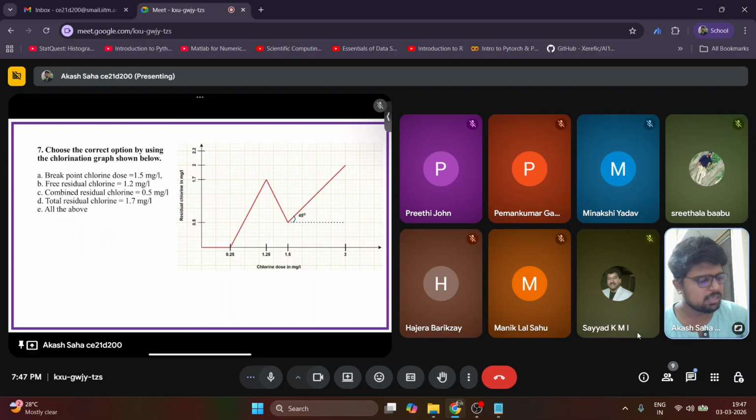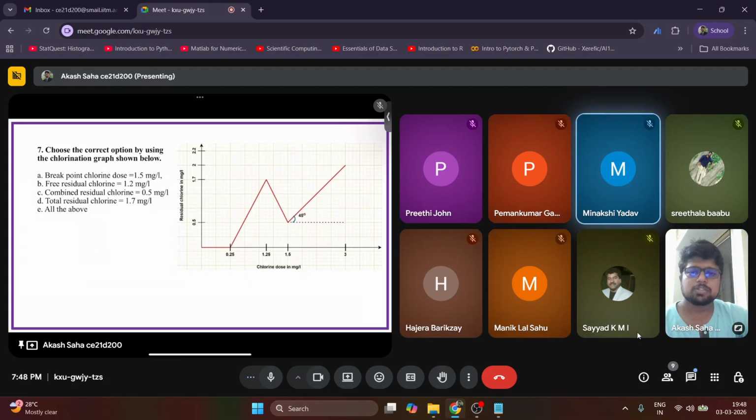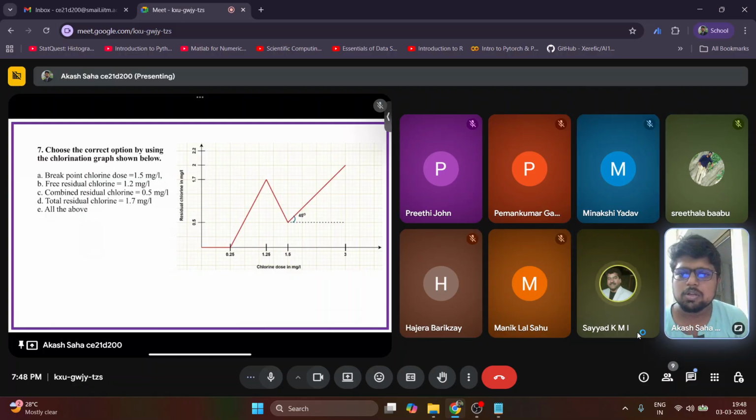Now, what is the free residual chlorine? More than 0.5. Yes, it is 1.5.